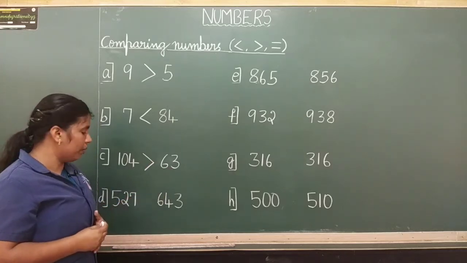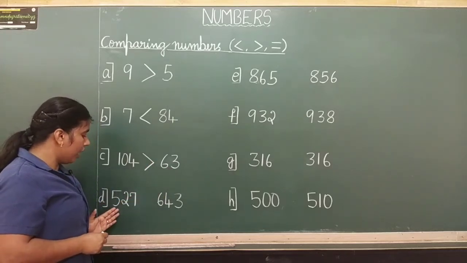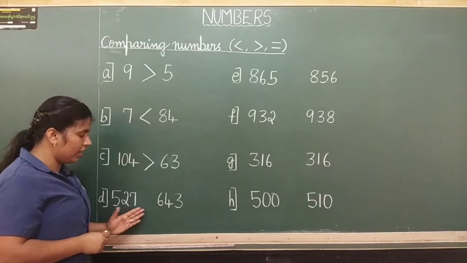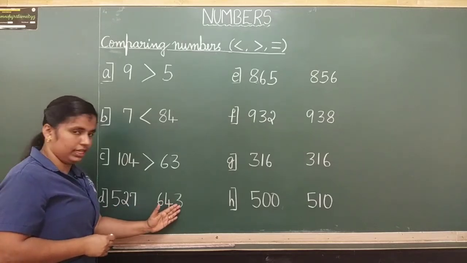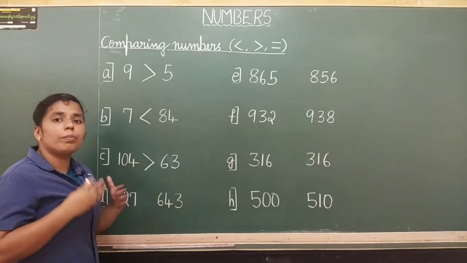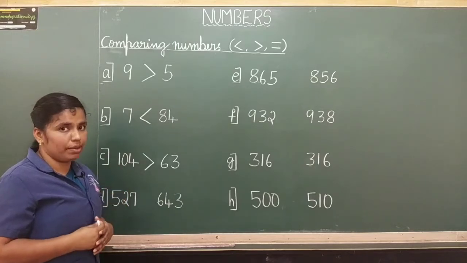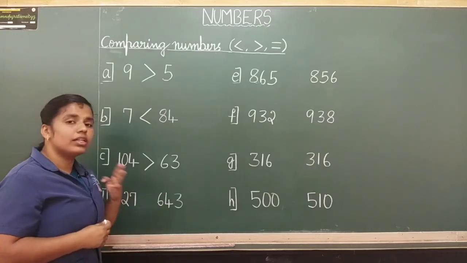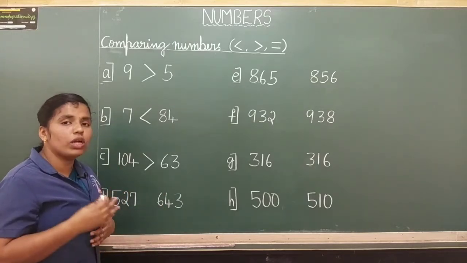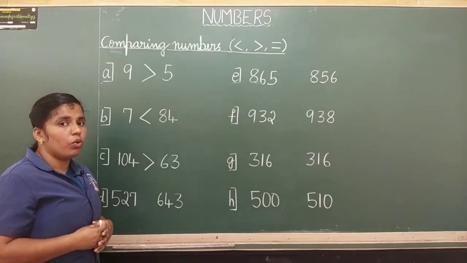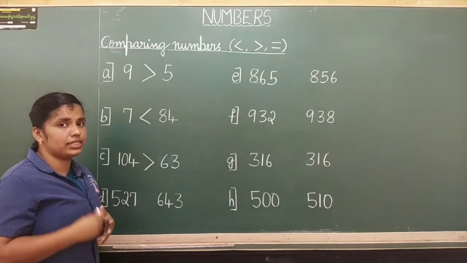Let us take one more example. 527 and 643. Here both are three digit numbers. So what do we have to do? We have to see their places.